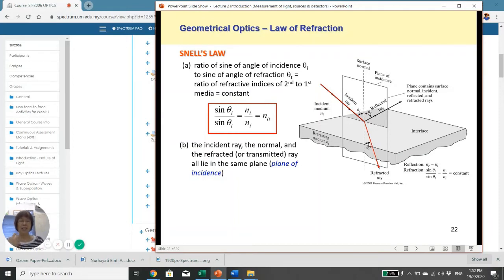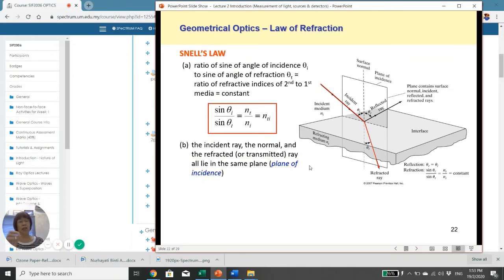So there is a certain relationship between this angle and this angle to the refractive index of the medium on top of this surface and the medium below this surface. We'll find that the ratio of the sine of the incident angle to the sine of the transmitted angle is equal to the ratio of the refractive index of the second medium to the refractive index of the first medium.